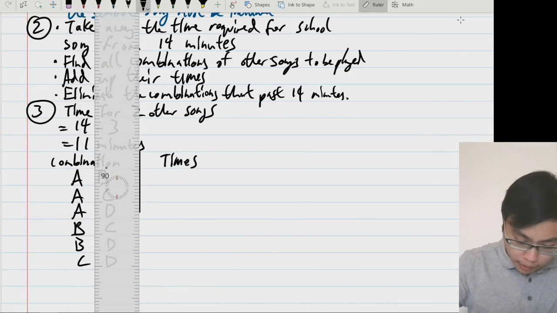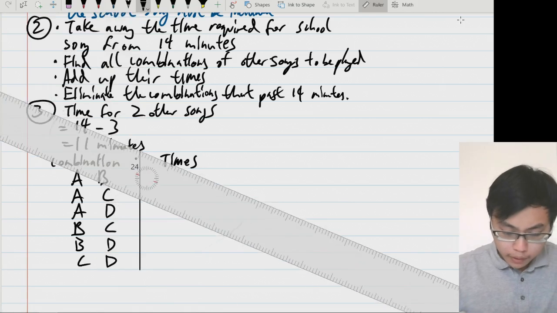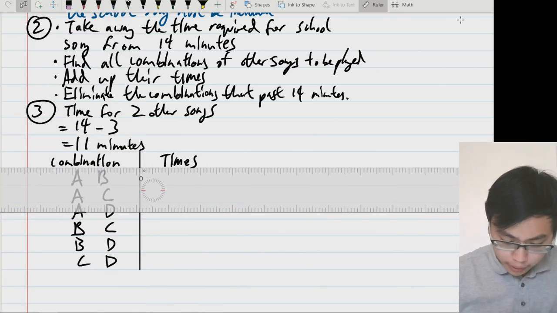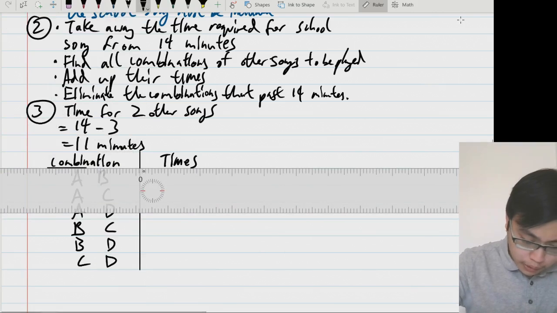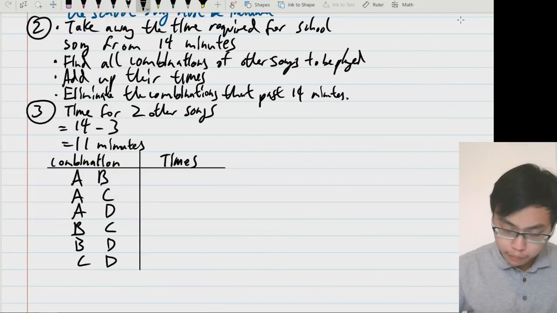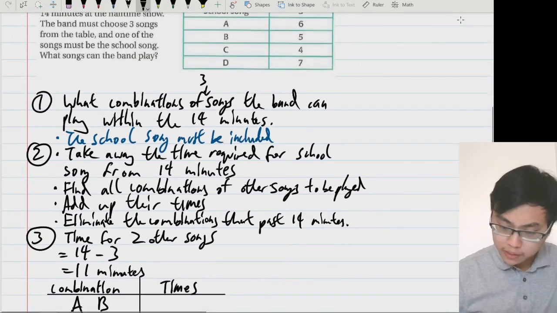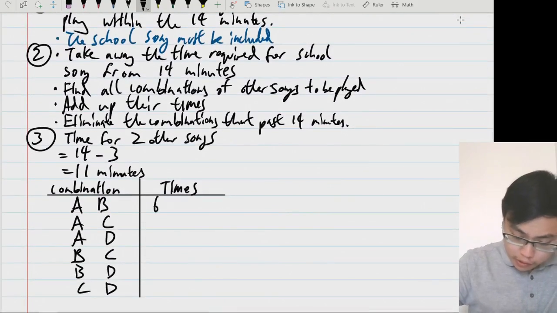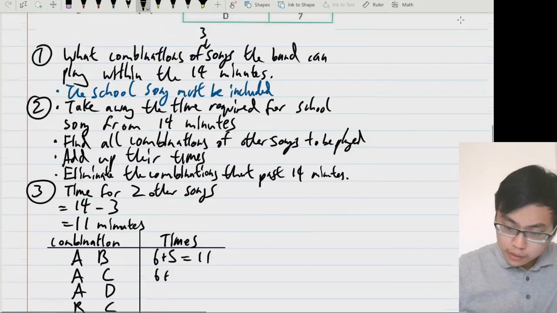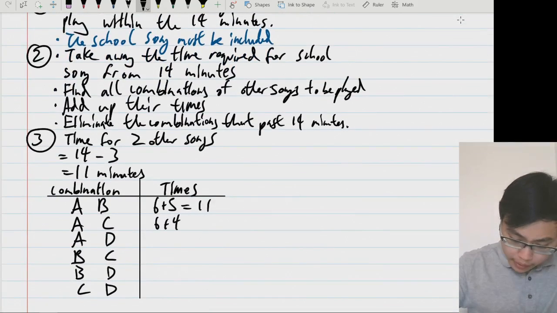So here I am drawing a table just to organize my working out a little neater so that it's not all over the place. For combination A plus B, A is 6 minutes, B is 5 minutes, so 6 plus 5 equals 11. Then 6 plus C, which is 4 minutes, equals 10.